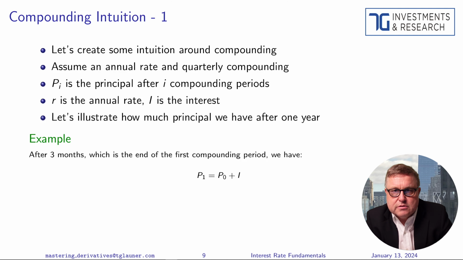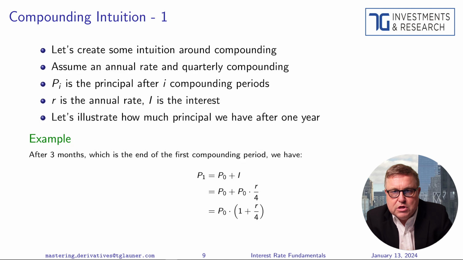After 3 months, we begin with P1, which reflects 1 quarter of compounding. So P1 equals the initial principal, P0, plus any interest earned during this period. The interest I can be calculated as P0 times R divided by 4, since it's only for 3 months.